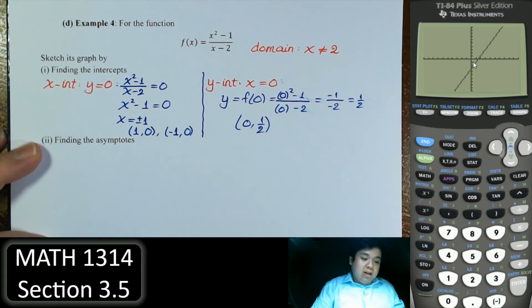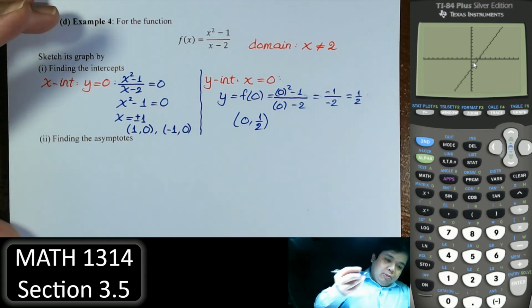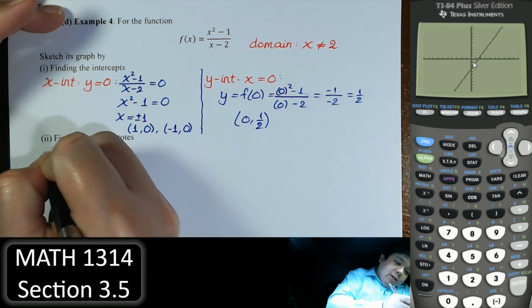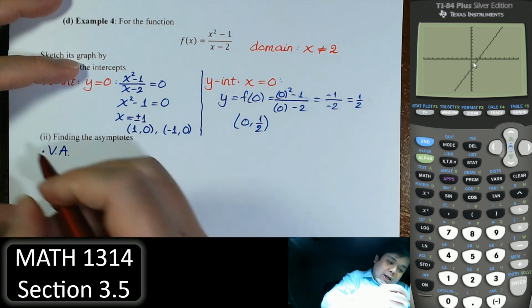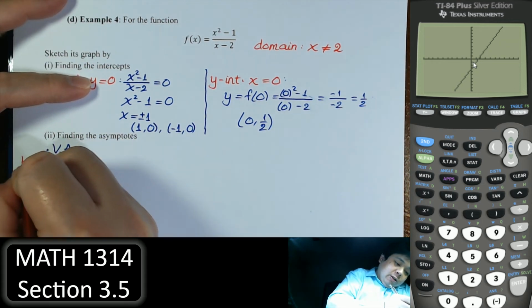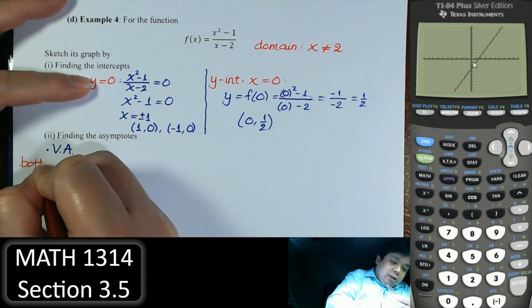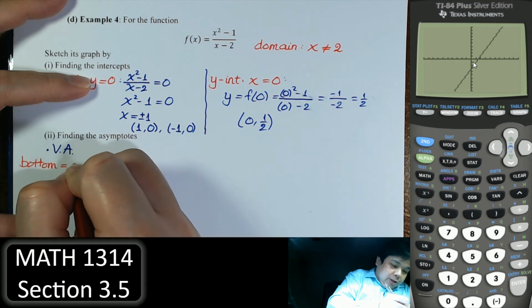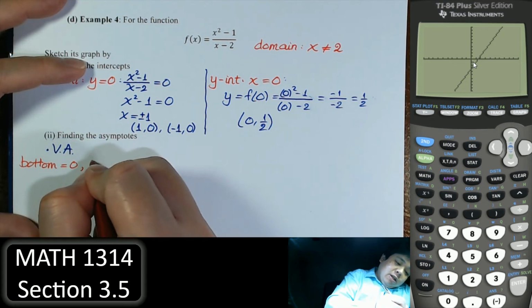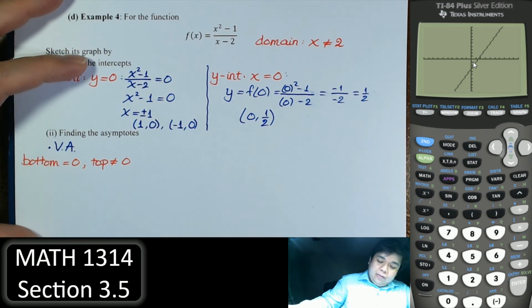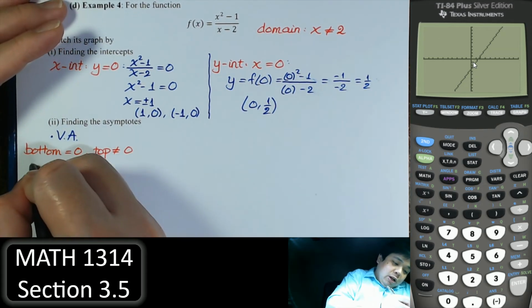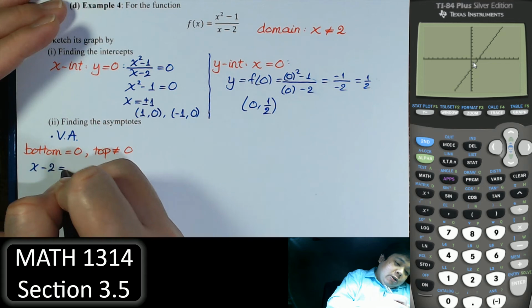Now find the asymptotes. So vertical asymptote, we need the bottom equal to 0, and the top is not. So bottom equal to 0, x minus 2 equal to 0.